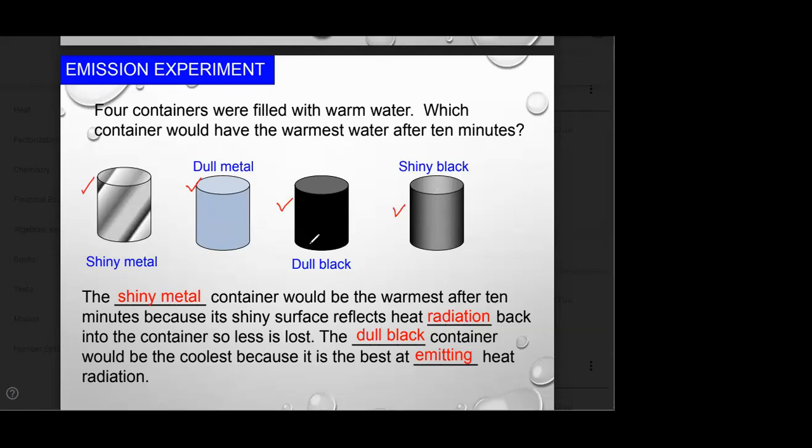Suppose warm water is there. Remember this concept. Do not read it. First of all, warm water is inside the container.